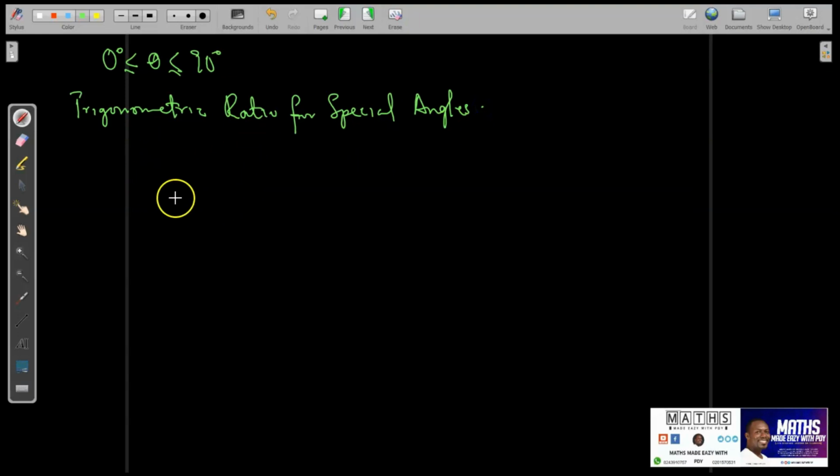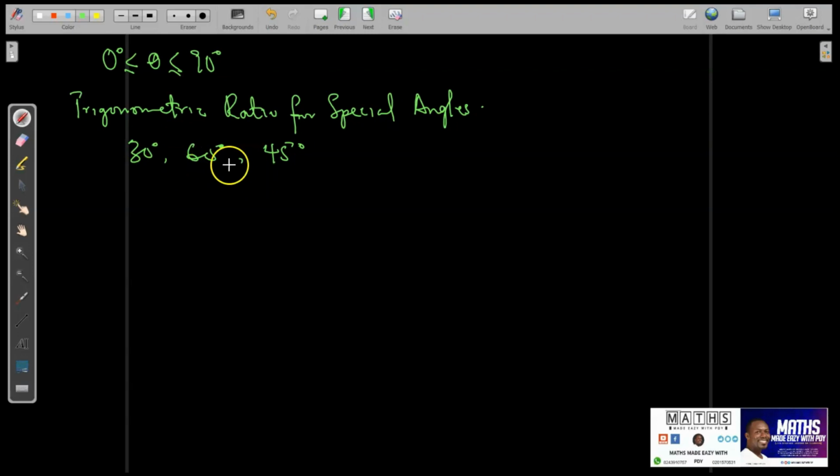Now the special angles we are considering are 30 degrees, 60 degrees, and 45 degrees. Actually, I should have written the 45 in between the 60 and the 30 because that's the next immediate smaller value after 30, but it doesn't matter. So we are working on these trig ratios for special angles like 30, 60, and 45.